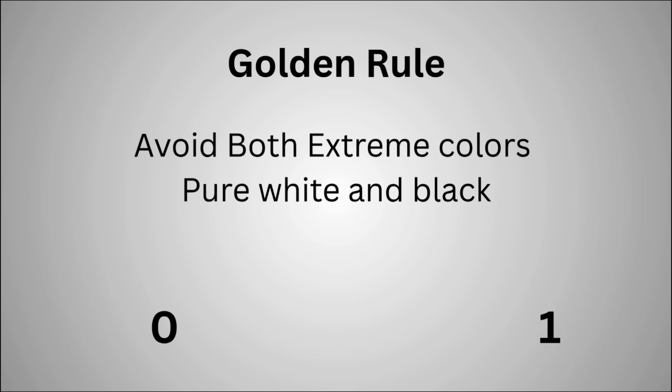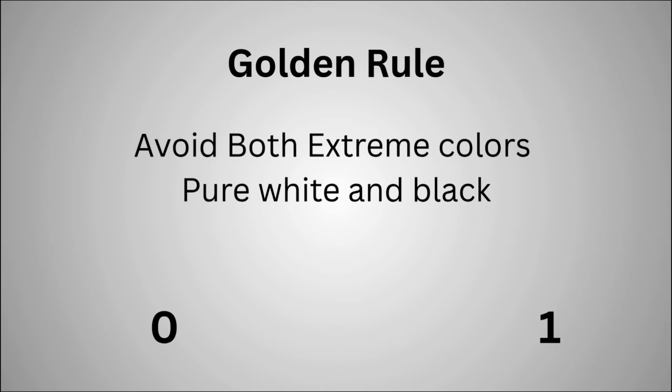Now let's talk about the golden rule for cinematics and game dev. We almost always avoid both extreme values, 0 and 1. And why do we do this? The answer is very simple, because pure black and pure white do not exist in real life.